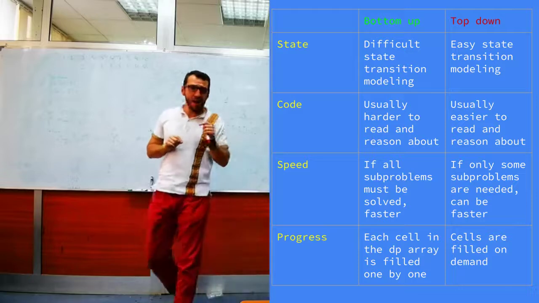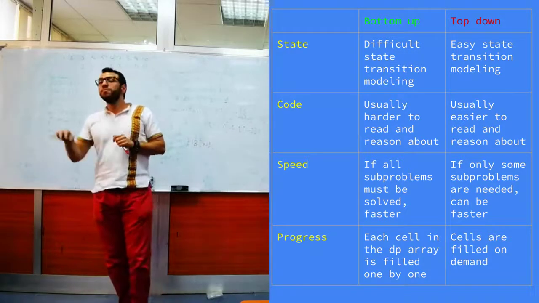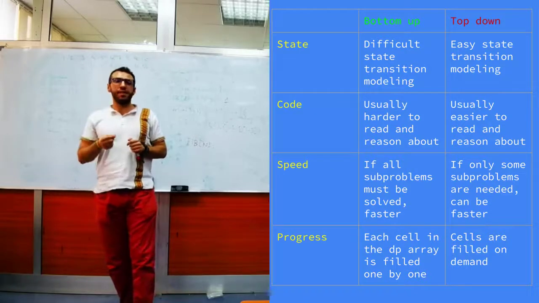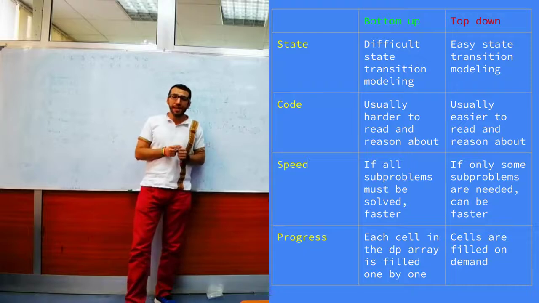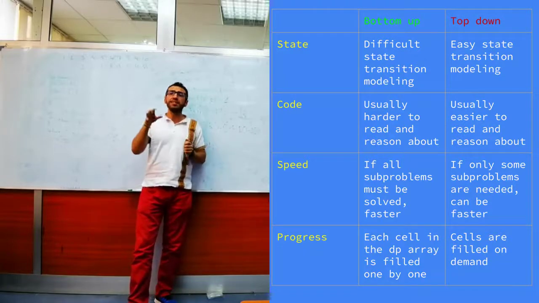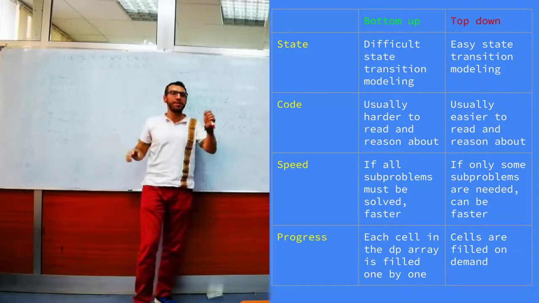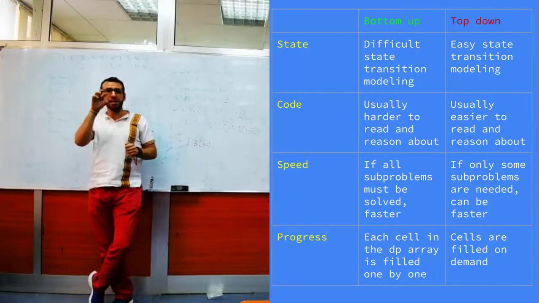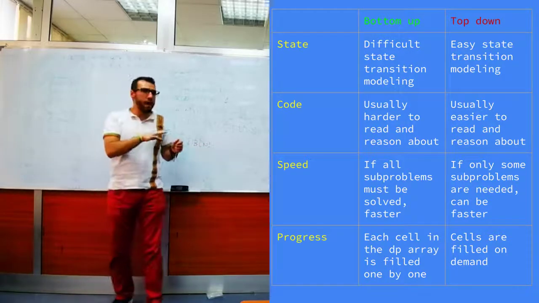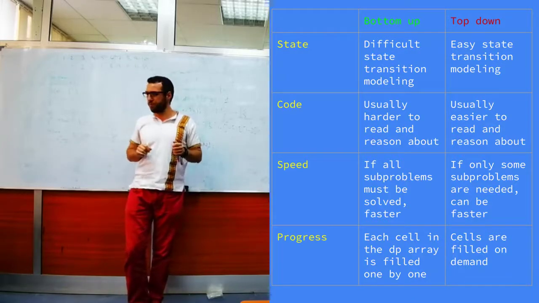Because there is one advantage of top-down approach when it comes to speed, which is if the problem that we are dealing with does not require solving all the sub-problems, in that case, we can skip the ones that are not needed. Therefore, instead of calculating all the sub-problem solutions in the case of bottom-up approach, top-down approach can skip the unnecessary solutions for the sub-problems whose solution is not needed to construct the larger problem solution.